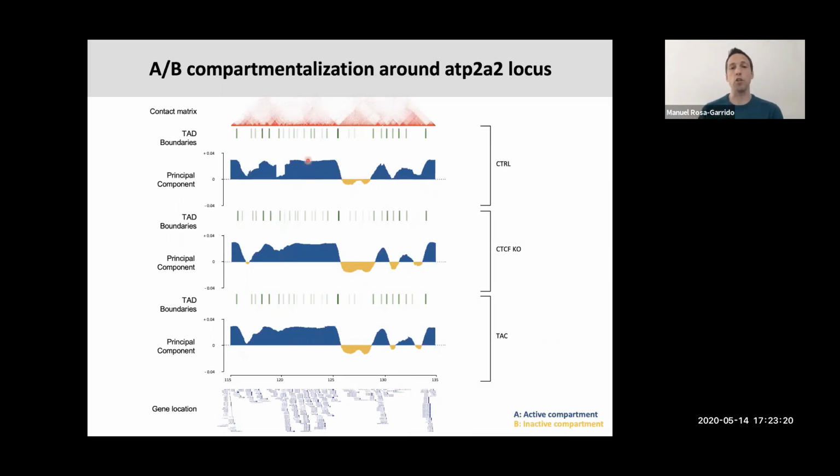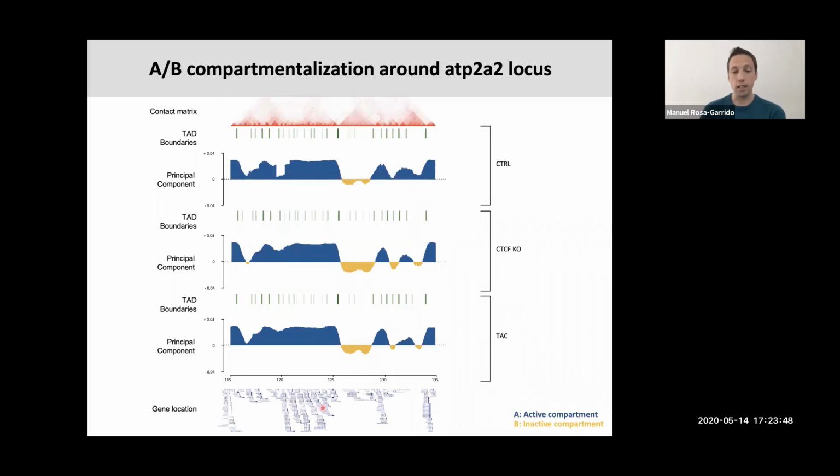So here on the top part, again, I'm showing you the contact matrix for this specific locus of the genome. Here you have the distribution of the TADs, where the strength of the TAD is depicted by the intensity of the green color. So if the green color is very intense, it means that the strength of the boundary is high. Okay, and here you have the AB compartmentalization profile for control, CTCF knockout, and TAC.